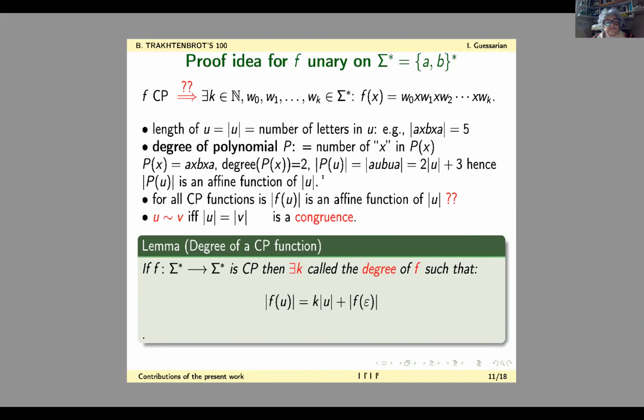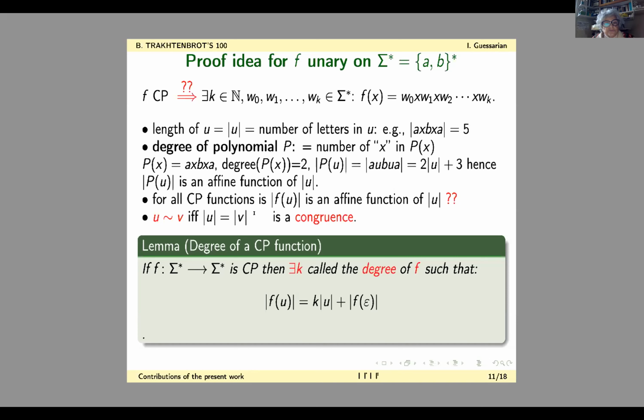So if f is a CP function who pretends to be a polynomial, it had better behave: the length of f of u should be an affine function of the length of u, like for polynomials. Well, it does work. Let us define u sim v, the equivalence: u and v have the same length.